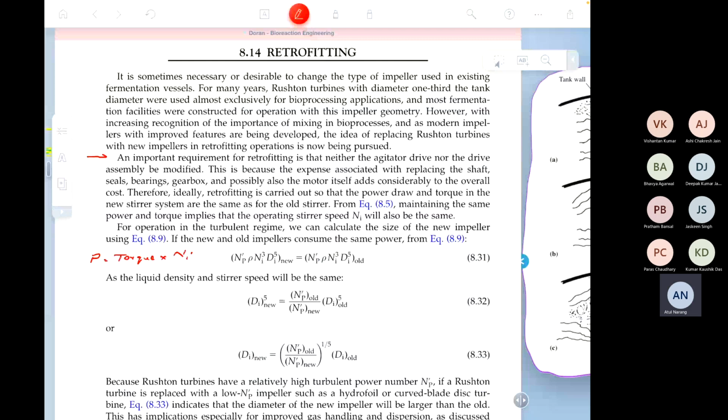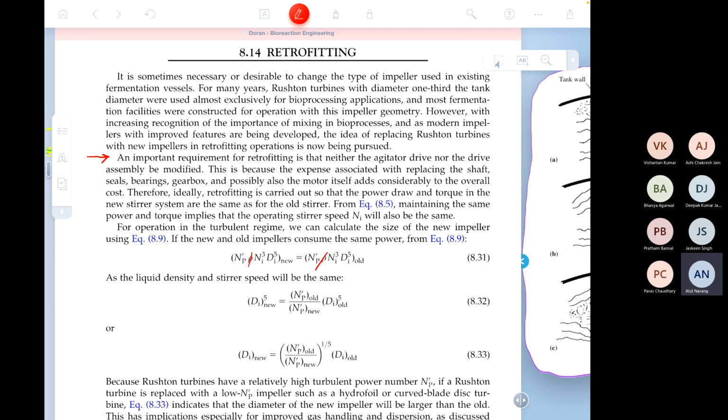Now, coming back to the equation: if the new and the old impellers consume the same power, then this condition has to hold. This is all assuming turbulent regime. NP prime times the power requirement on the left hand side is the new system, and on the right hand side is the power requirement of the old system, right? Now, whether it's the old system or the new system, the density is the same, so rho cancels out.